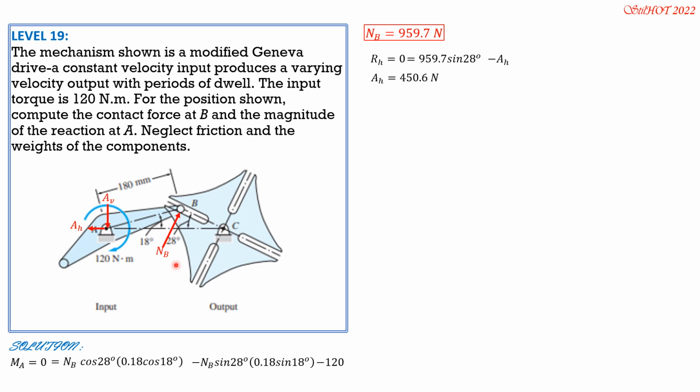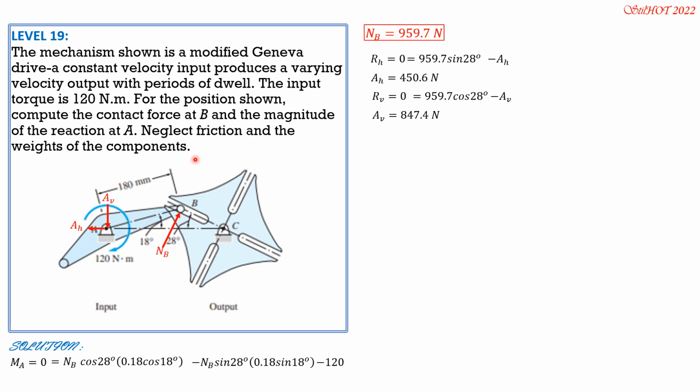A vertical, so R vertical equals 0 also. Vertical component of the resultant. So NB cosine 28 is positive, 959.7 cosine of 28 degrees minus AV equals 0. So AV is equal to 847.4 newtons.